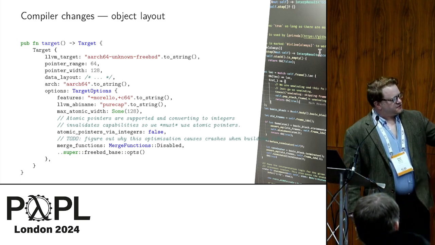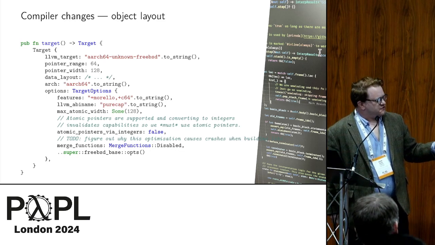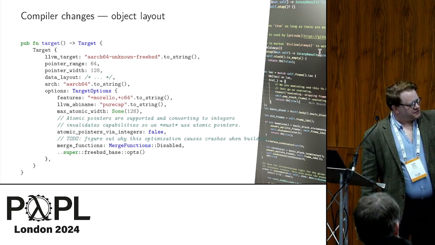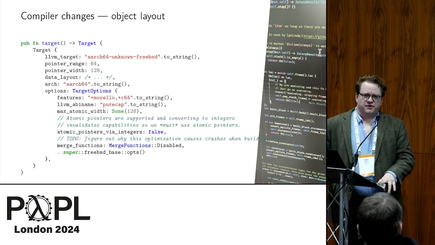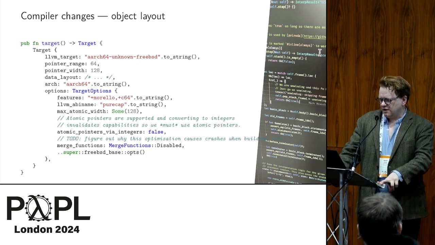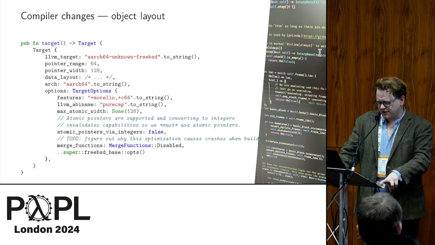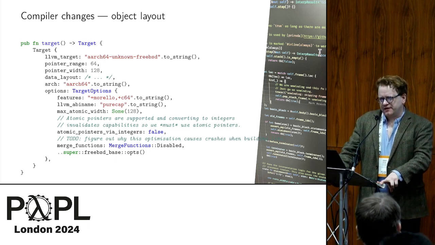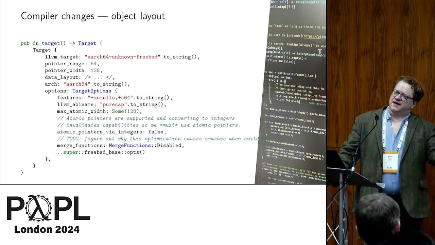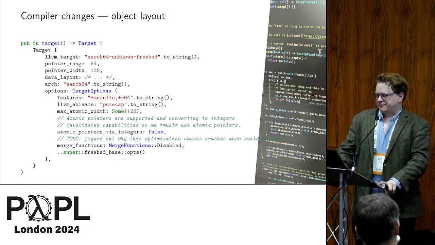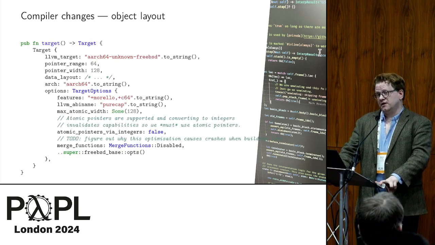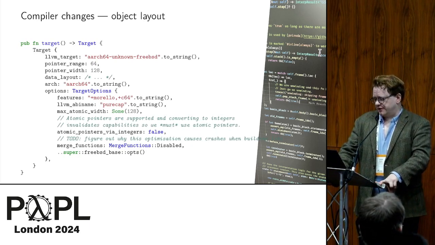This restricts going between pointers and integers a bit. And then we had to turn off one of the optimizations here, the merge functions optimization. I think we don't have a really concrete analysis of why that optimization caused things to fail, but we figured out that it was causing us problems, so we turned it off. Otherwise, this is pretty much a standard Rust compiler.